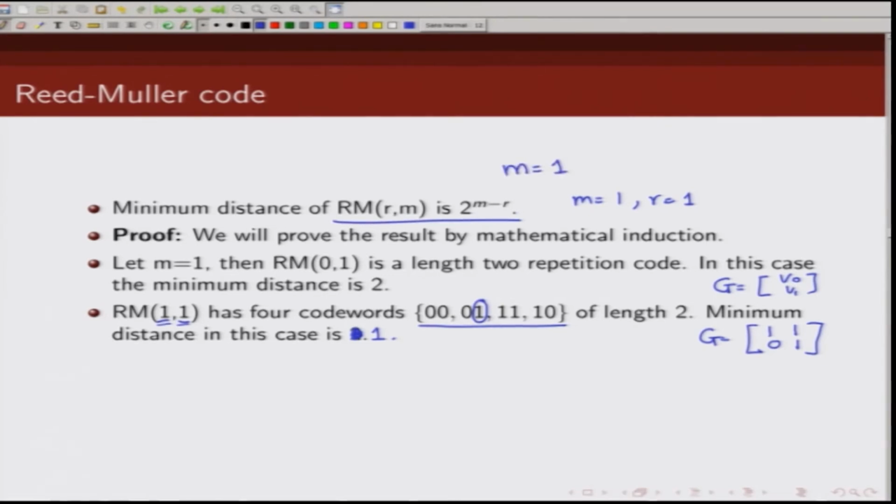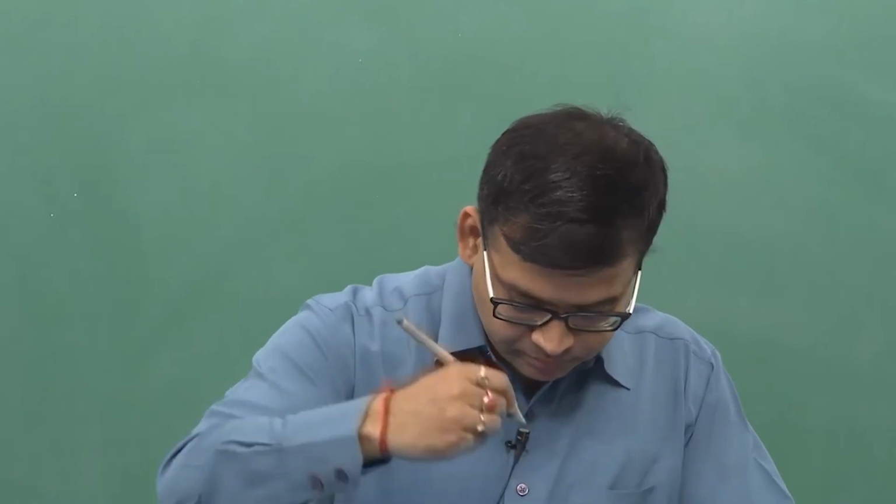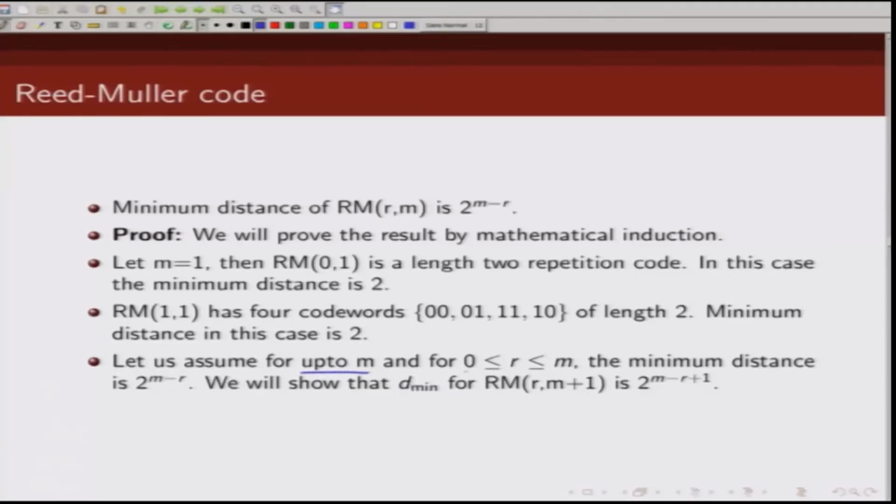Now, let us assume it is true for any m equal to m, and then we will try to prove that it is also true for m equal to m plus 1. So, let us assume that it is true up to m and for any order r from 0 to m. So, the minimum distance is given by 2 raised to power m minus r.